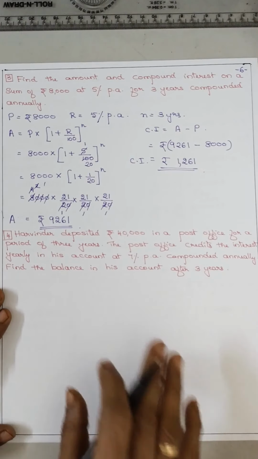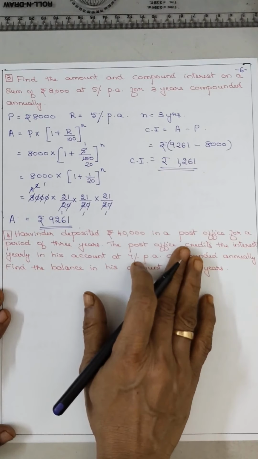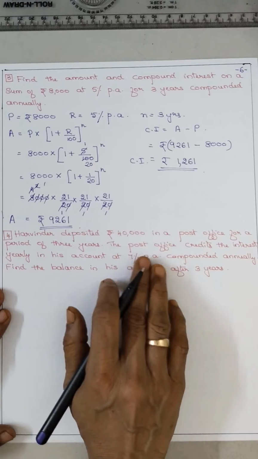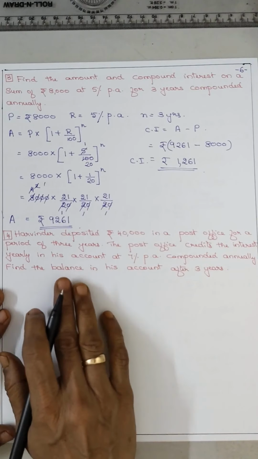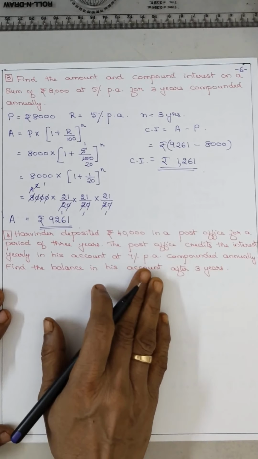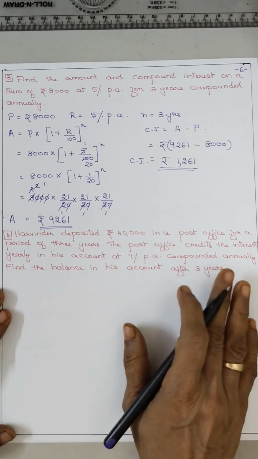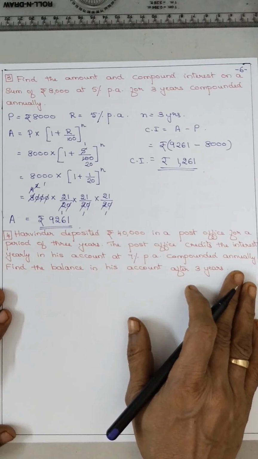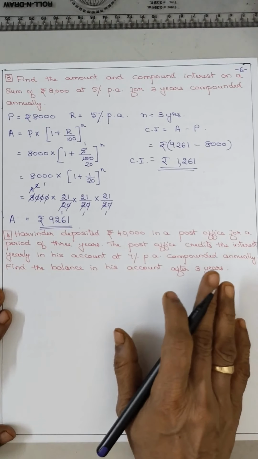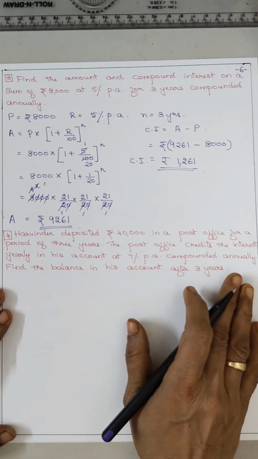Harvinder deposited rupees 40,000 in a post office for a period of 3 years. The post office credits the interest yearly in his account at 7% per annum, compounded annually. Please, in the question, you have to see whether it is compounded annually.